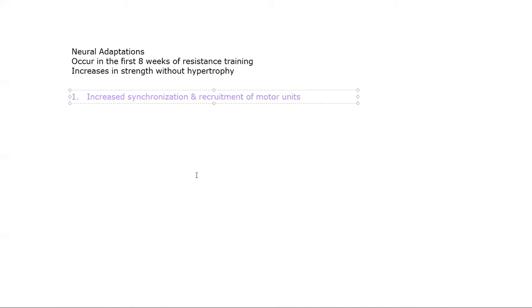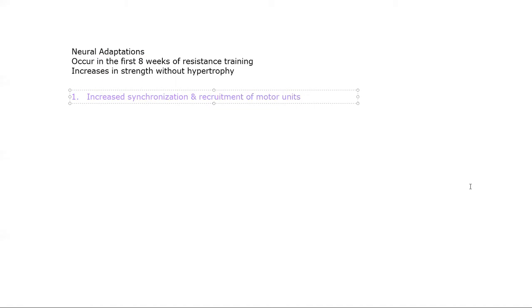So recruitment of motor units means once you start resistance training, you're going to be accessing motor units that you weren't really accessing before. And the synchronization means that you're going to get them to fire together in a coordinated fashion. So an untrained person would fire their motor units in almost a chaotic way. It's not organized.